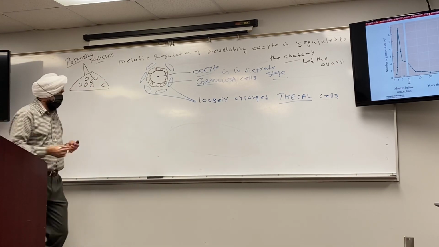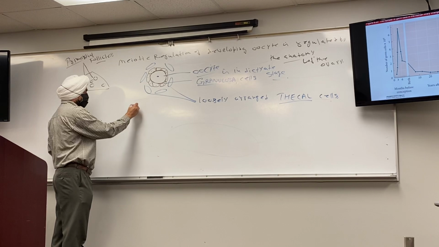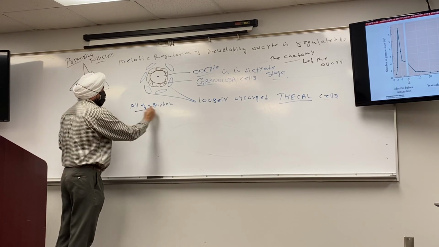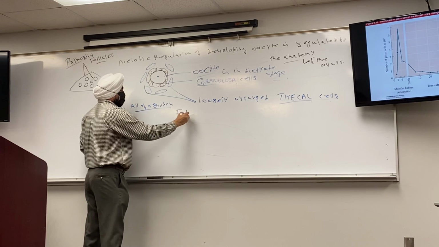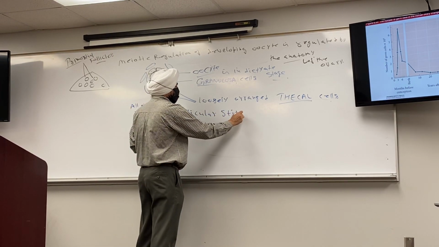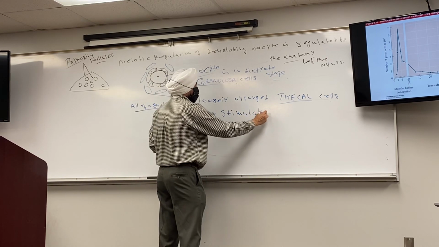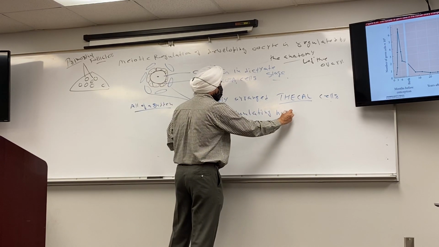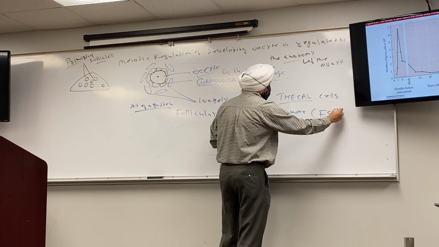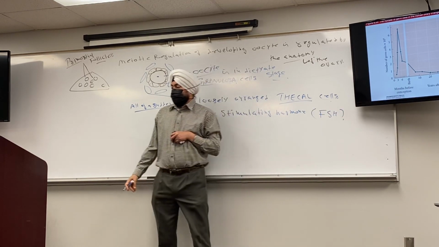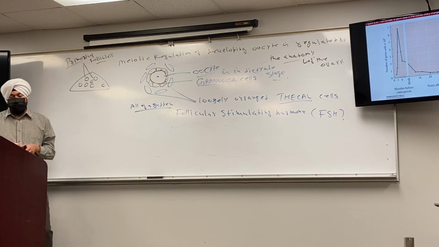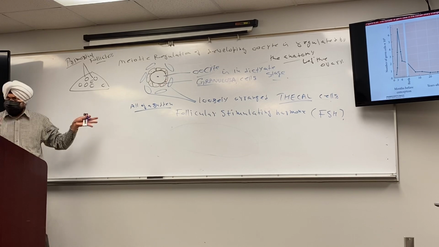All of a sudden, at puberty, there is a hormone called follicle stimulating hormone, FSH. This hormone is, of course, from the pituitary.